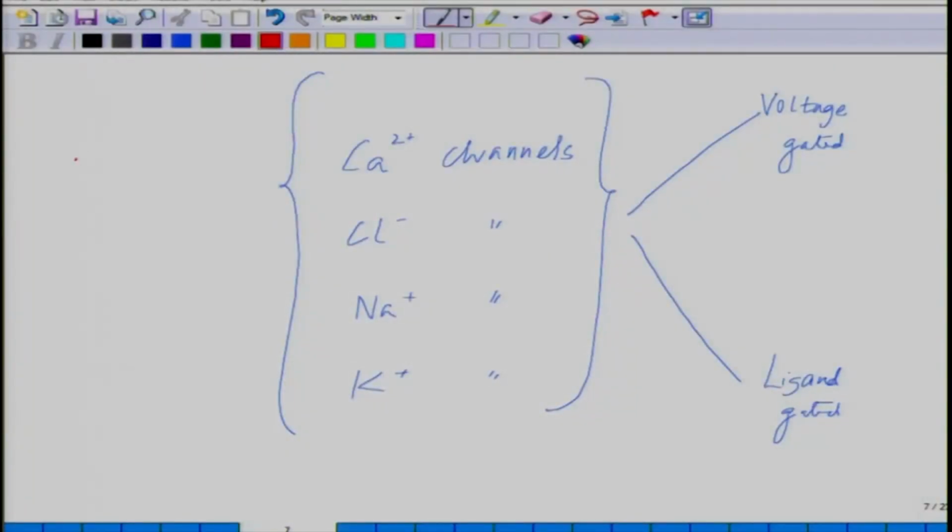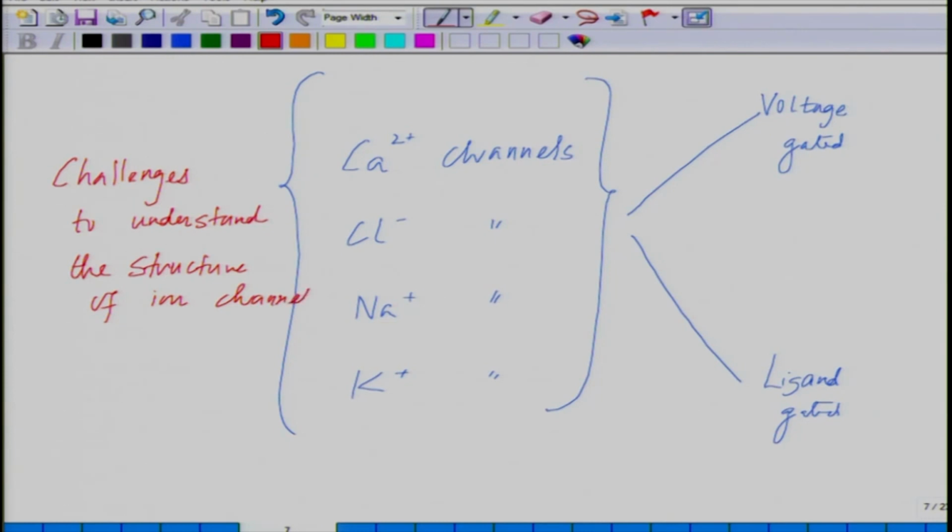So, one thing we will be discussing in some of these classes is the challenges in understanding the structure of the ion channel. This is definitely a big challenge, and we will discuss why it is so challenging.